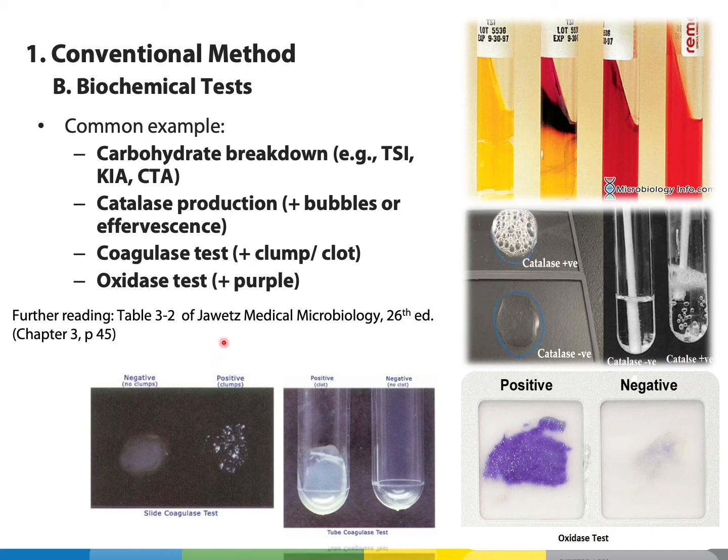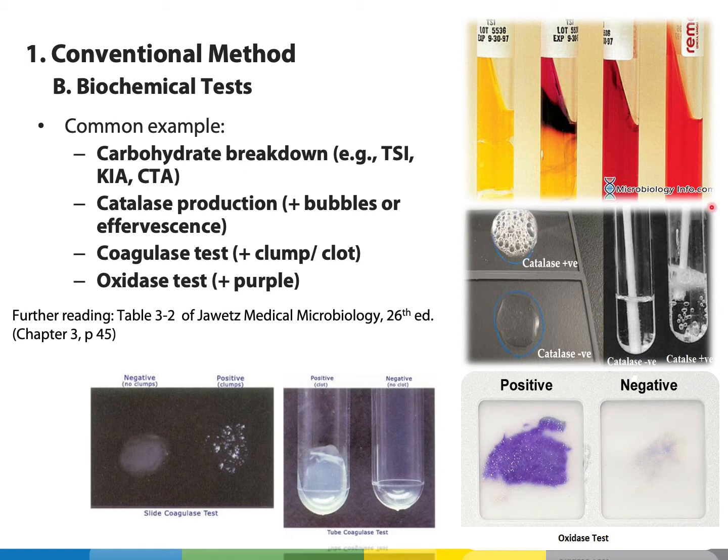Another example of a conventional method is the biochemical test. Biochemical tests assess the presence of characteristic metabolic functions and can be used to group bacteria into a specific taxon. The most common examples are carbohydrate breakdown tests, which include TSI or triple sugar iron, KIA or Kligler iron agar, and CTA or cystine trypticase agar.